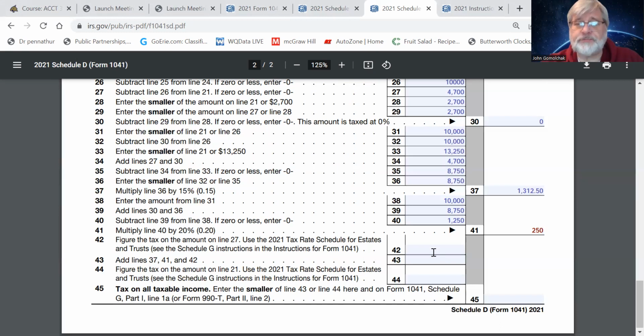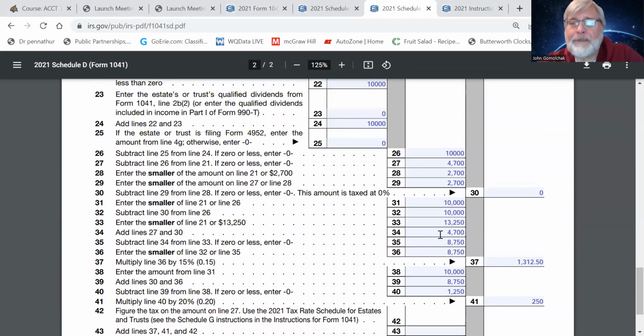Line 42, figure the tax on the amount on line 27. Use the 2021 tax rate schedule for estates and trusts. So 27, $4,700. I know that what it looks like we've been doing is just weird gyrations that don't make any sense whatsoever. But now I'm going to show you what we're trying to do here.